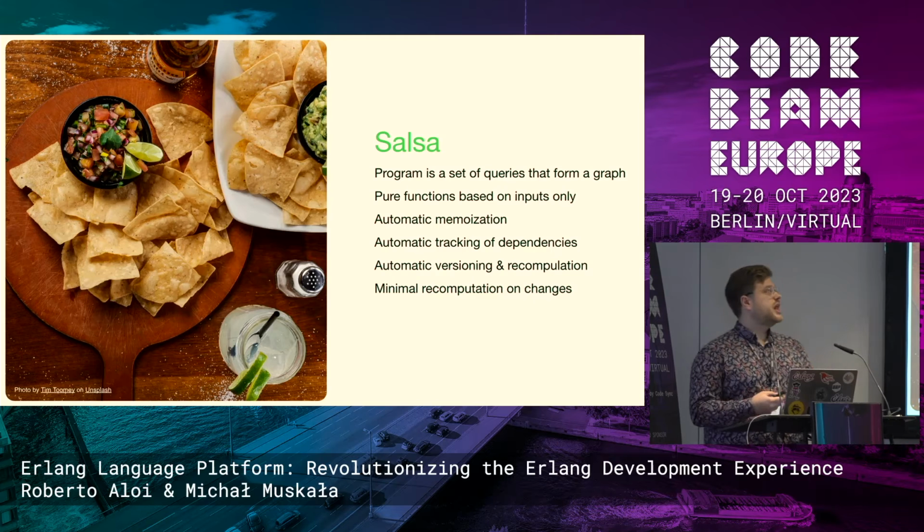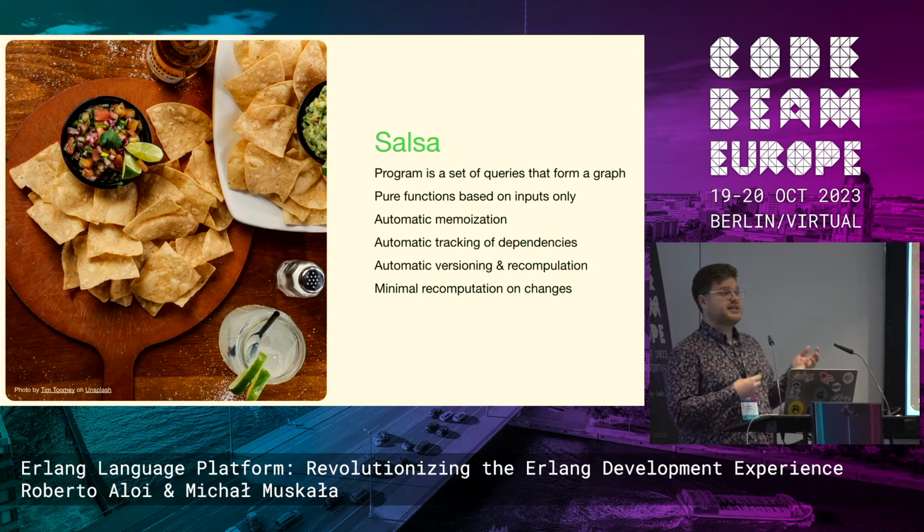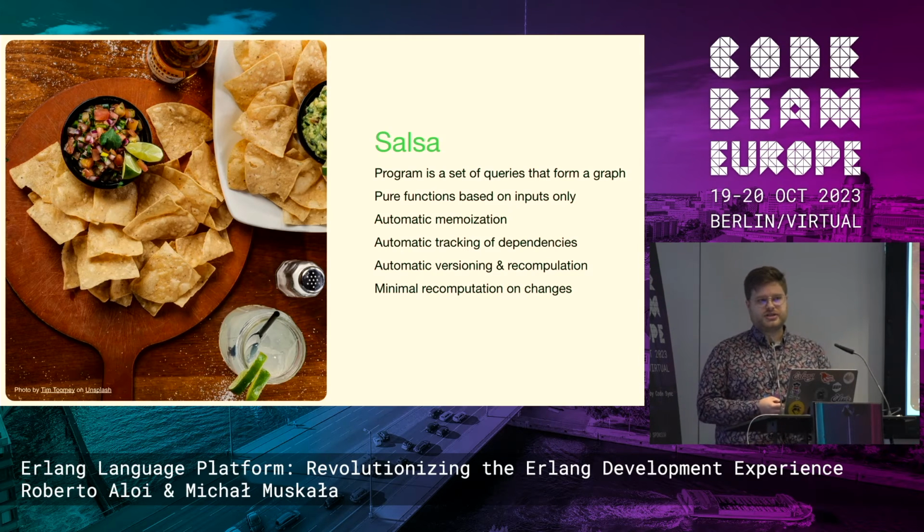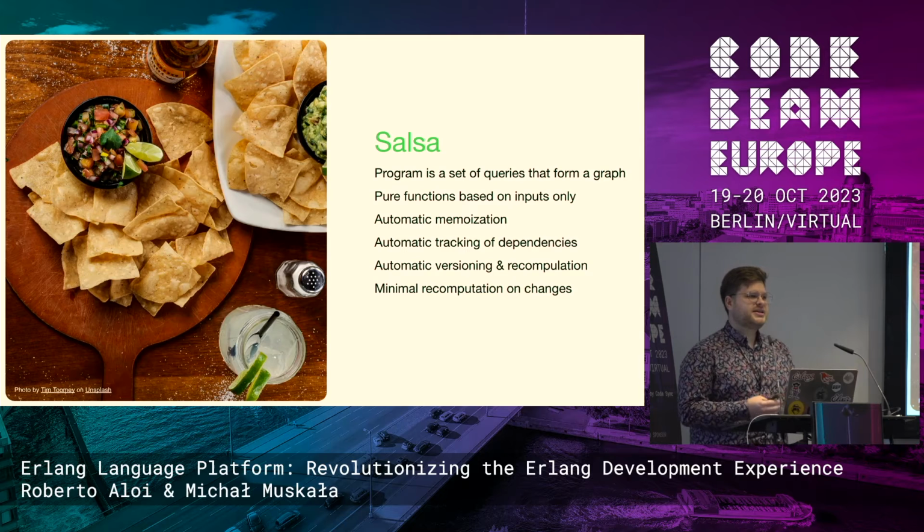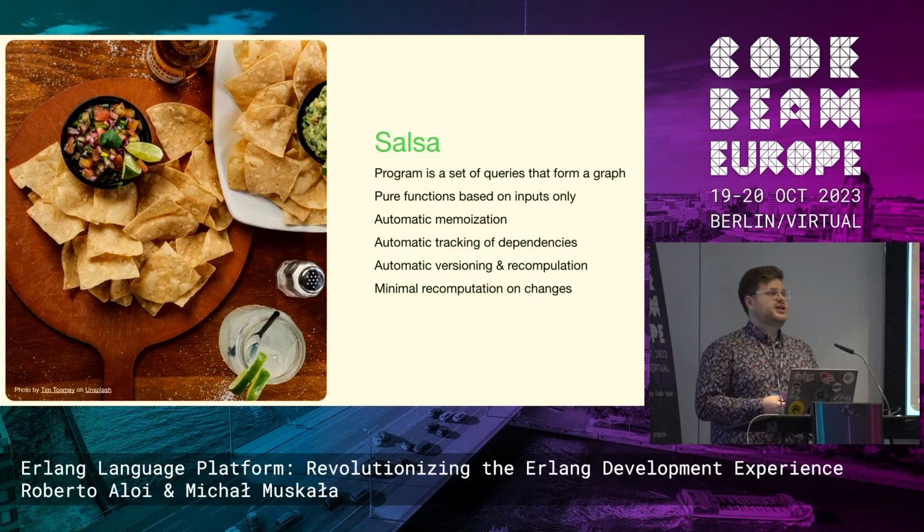So one of the libraries that is used in Rust Analyzer and that we use in our tool is called Salsa. It's a general purpose engine for expressing your computation as a graph of pure functions.